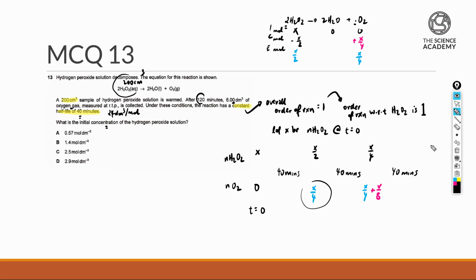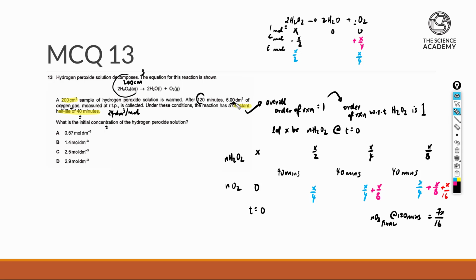I'm going to halve it again to give me an X over 8. So we're going to have the expression of X over 4 plus X over 8, plus another X over 16. So in the final mole portion, the number of mole of O2 at 120 minutes will be the sum of X over 4 plus X over 8 plus X over 16. That will give us 7X over 16 mole.